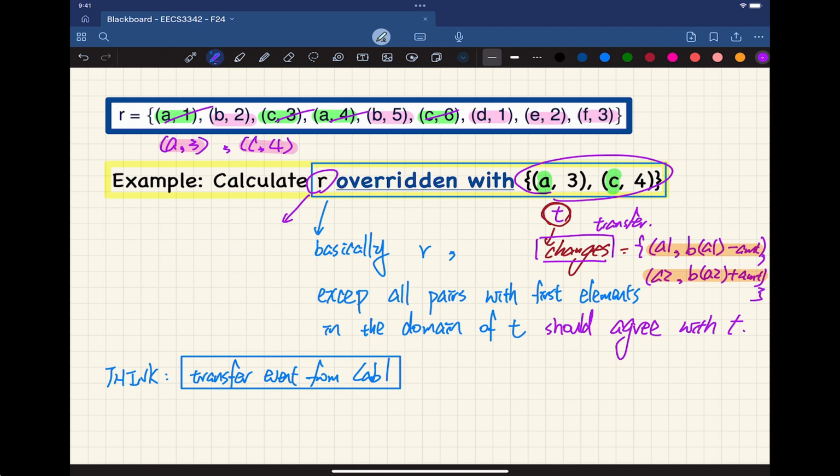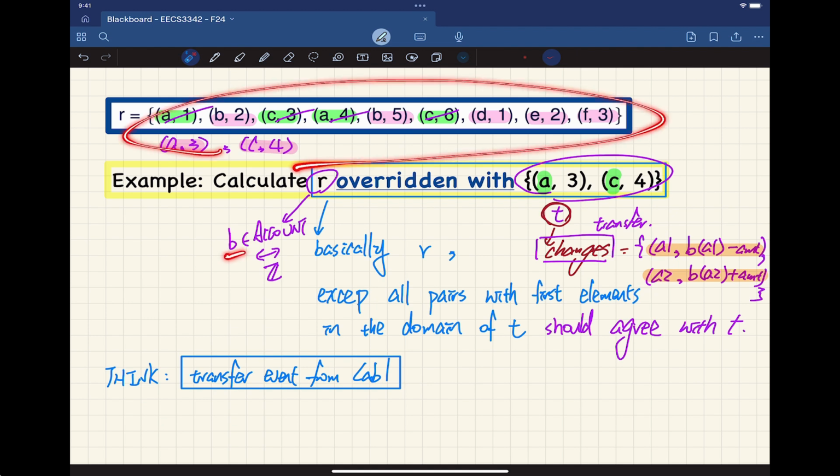That will simply be the account relation to integer, something like that. We're going to keep the same bank relation, but the only two things we make sure they agree after the overriding are these two accounts. Okay, that's another connection you can make to understand overriding.